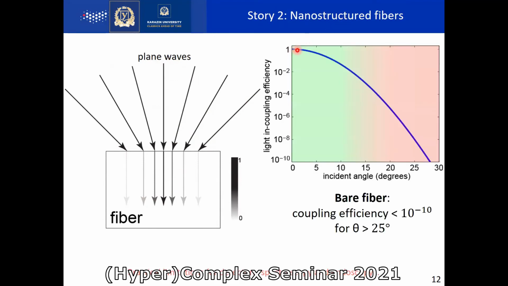Under normal incidence it's almost ideal, but it rapidly drops when the incidence angle increases. For angles of 15-20 degrees it is too small to be used for practical applications. It significantly limits practical applications in spectroscopy and some medical applications like endoscopy, because it is impossible to collect the light into the fiber under a large angle of incidence, more than 15 degrees.